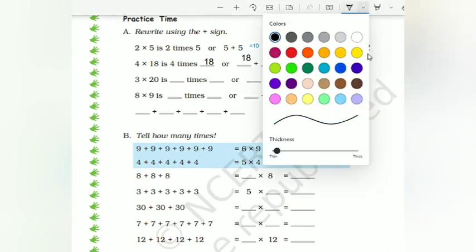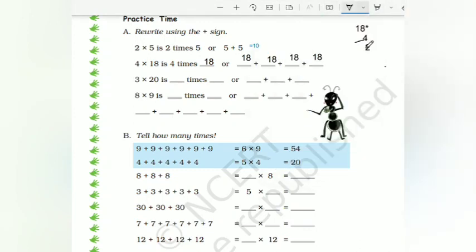2 we will write here. Then 3 will be where? Here. So 4 into 1 is 4, plus 3, that is 7. So 72 is the answer for this. If we do the addition also, what will we get?